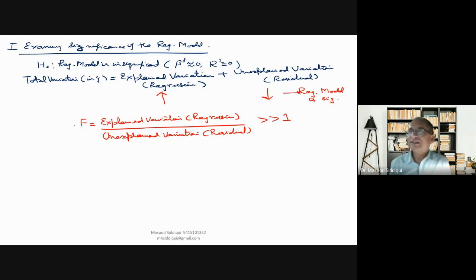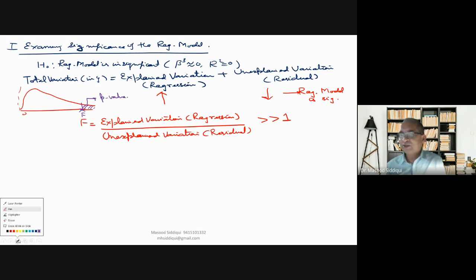And now F is a statistic, and this is the distribution of this statistic F. It can never be 0, right? And suppose F is very high. Since F is very high, it will lie towards the right side. Correspondingly, the right tail probability is known as p-value. So if F is very high, it indicates that the p-value, significance F, would be low.